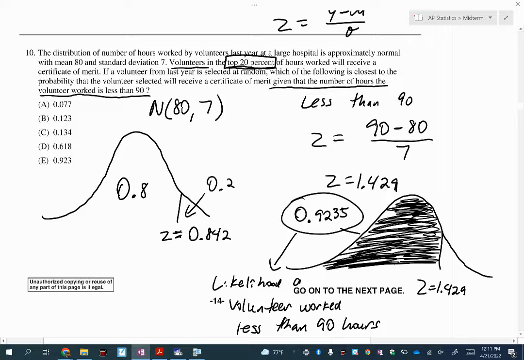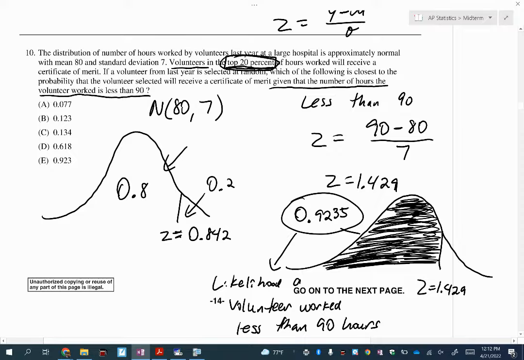Okay, so now here's the last part, and we're very close. Do you guys remember the 80th percentile over here, that 0.8? If you take the area that we just found and subtract the 80%, you'll get the likelihood that someone who worked less than 90 hours is still working above 80 to get the citation. Let me do it again. You remember this part here?